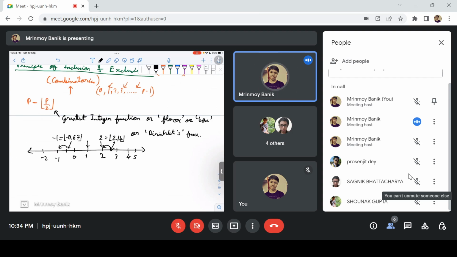Yeah, so let me continue. This is the number of numbers less than p which, together with p, have a GCD of not exactly 2, but at least 2.